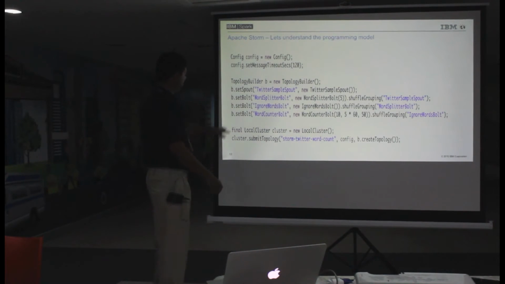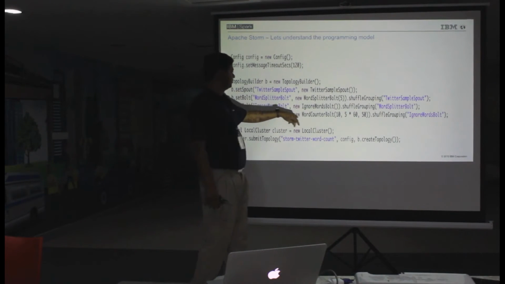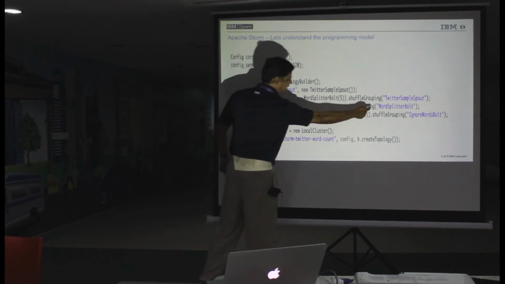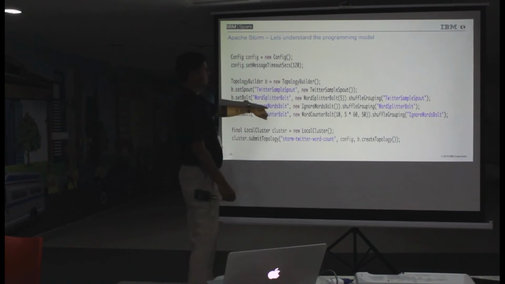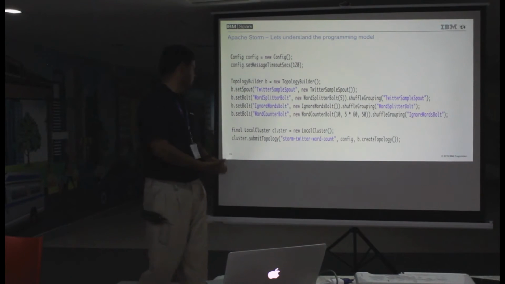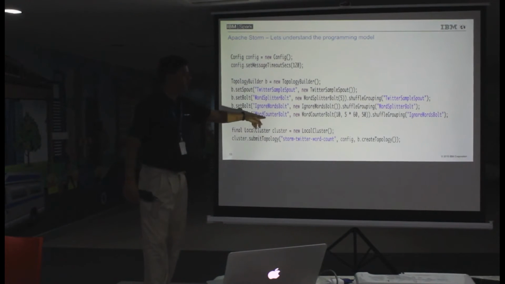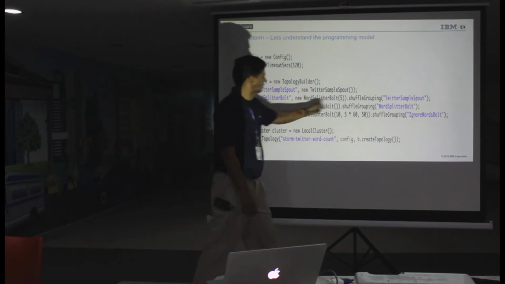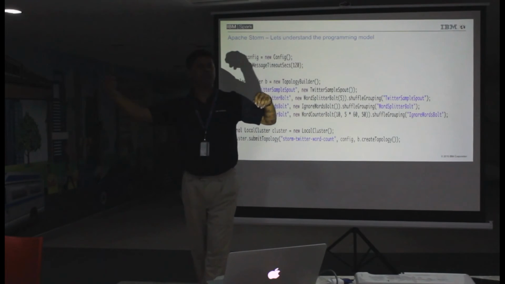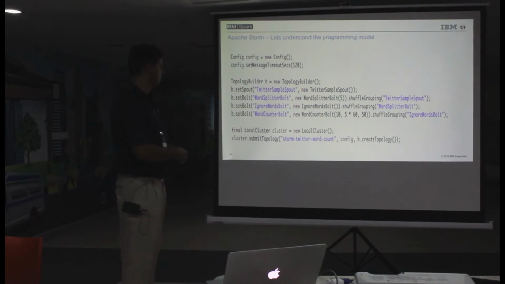Then I have something called a filter. I've not gone into it. The word splitter fed into the ignore word bolt, where I did some filtering, and then I did a counter. The counter again took from that source. So now I've built my pipeline.